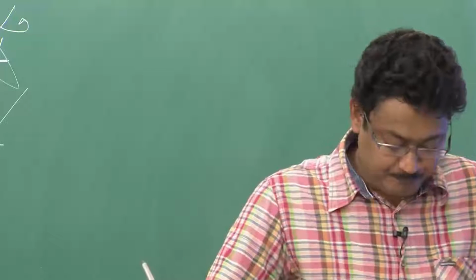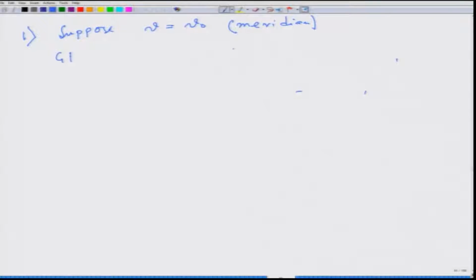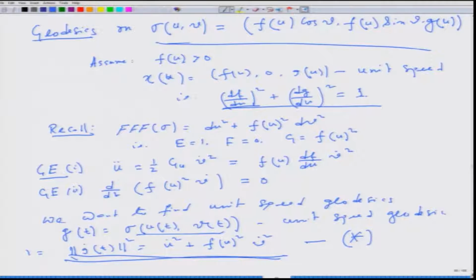Is the first geodesic equation satisfied? If v is constant, the right hand side is 0 because v dot is 0.